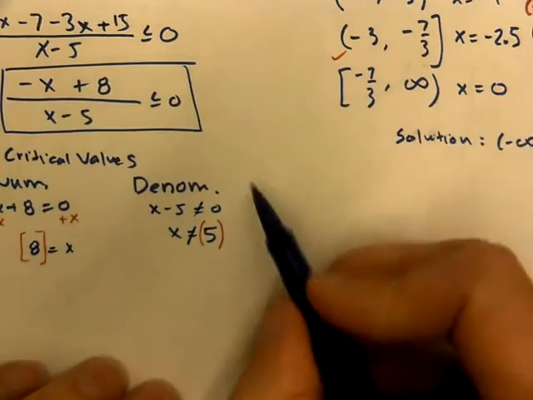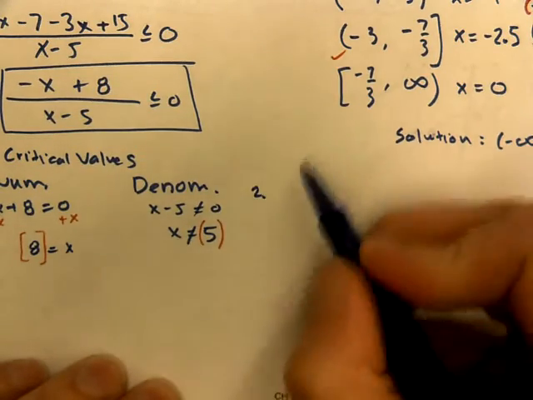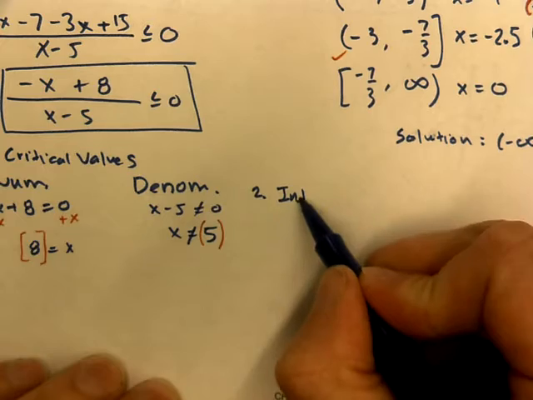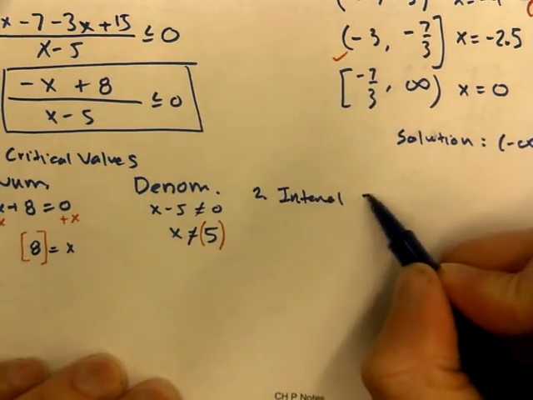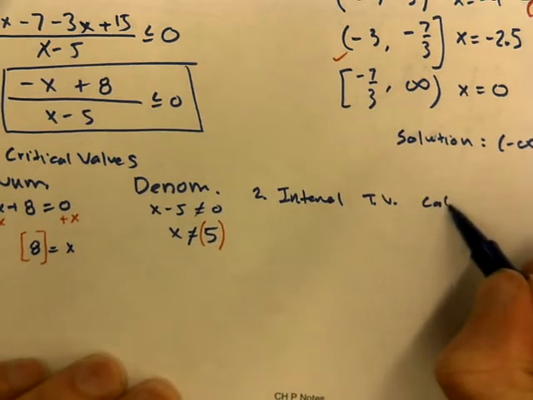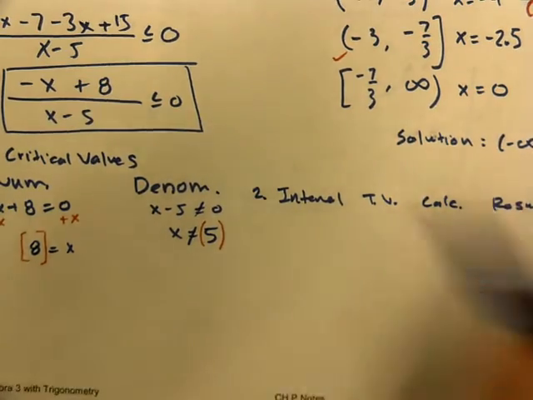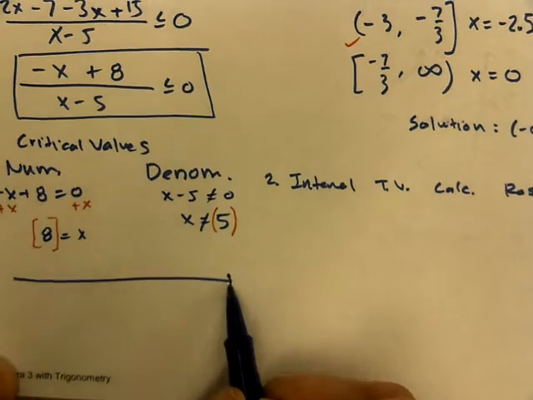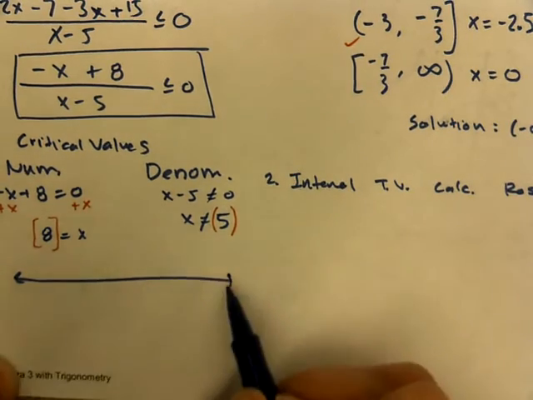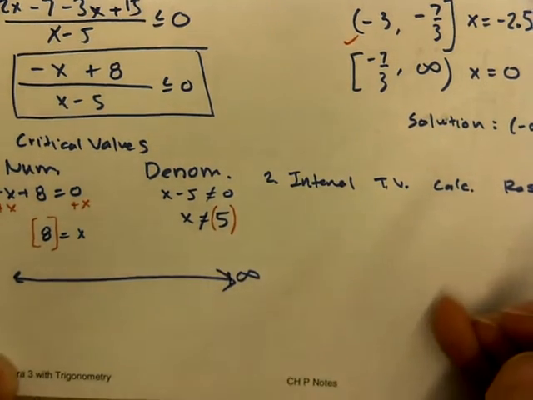Okay, so now let me do my second part. So here's my table, here's the interval, here's my test value, my calculation, and the result. All right, I want to draw that number line so I can see a diagram of what we have. We want to organize our information from smallest to biggest.